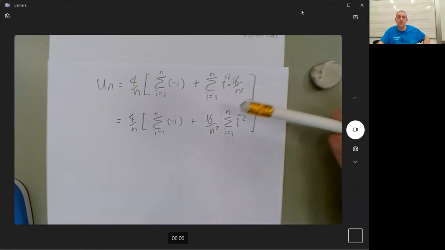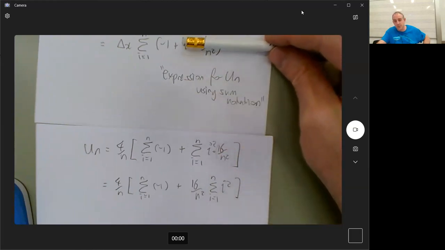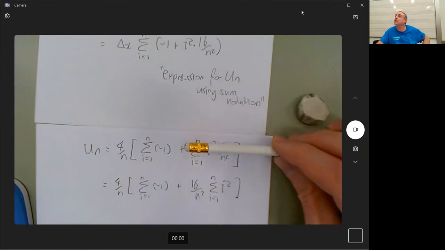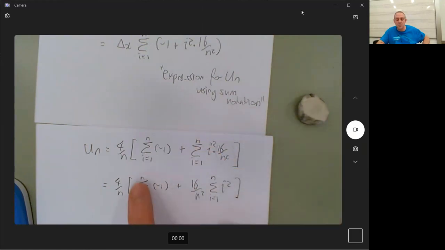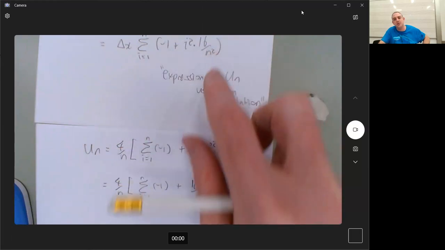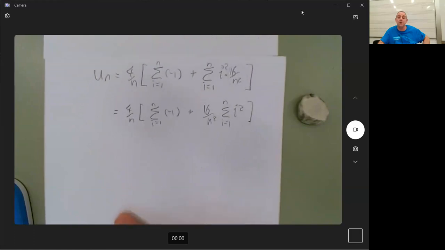So most people who are familiar with this process will do this step from here to here in one go. They won't write the middle line. They'll say, oh, I can bring this sum in across the plus, and then I can bring this 16 and n squared out, and they do it all in one go. But it's okay not to do it all in one go if you feel like you'll get it wrong if you don't.